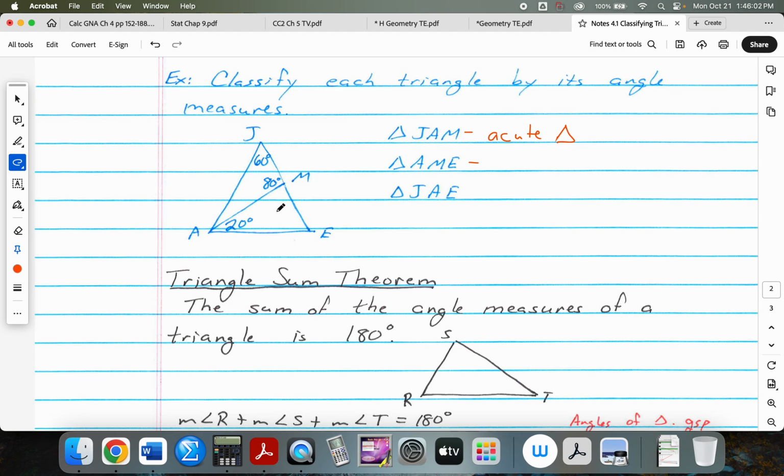Linear what? Linear pair. What do we know about the angles in a linear pair? They add up to 180. So if we take 180 minus 80, this angle's 100. We don't need to know angle E. We know that this angle is obtuse. The other two have got to be acute. So this is an obtuse triangle.